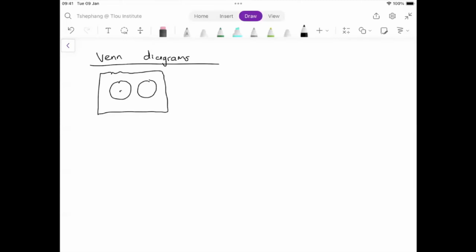These represent the two outcomes that we're trying to observe, and this represents everything that is outside the two outcomes. Sometimes you're going to have events that overlap. And this overlap here is the and part that we were talking about.